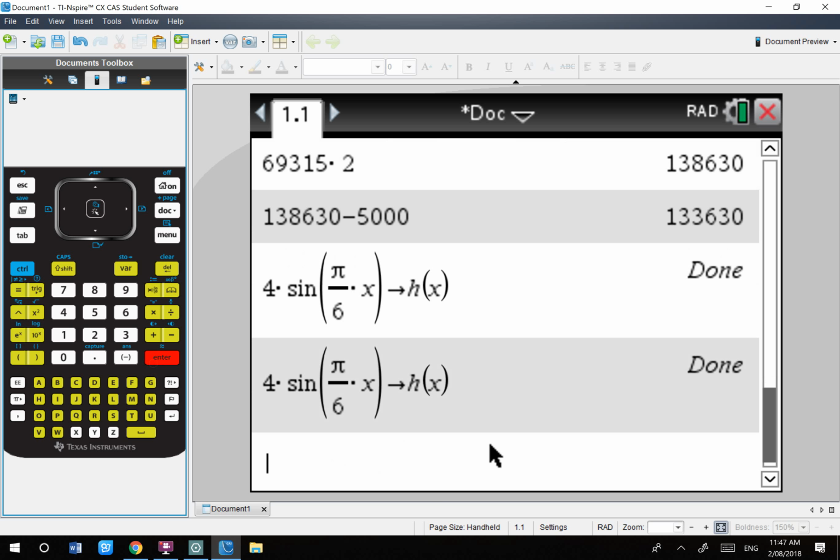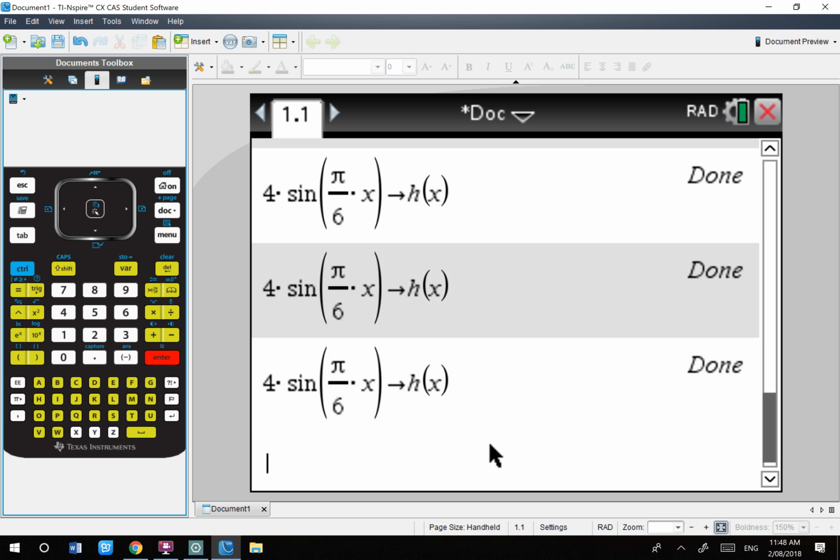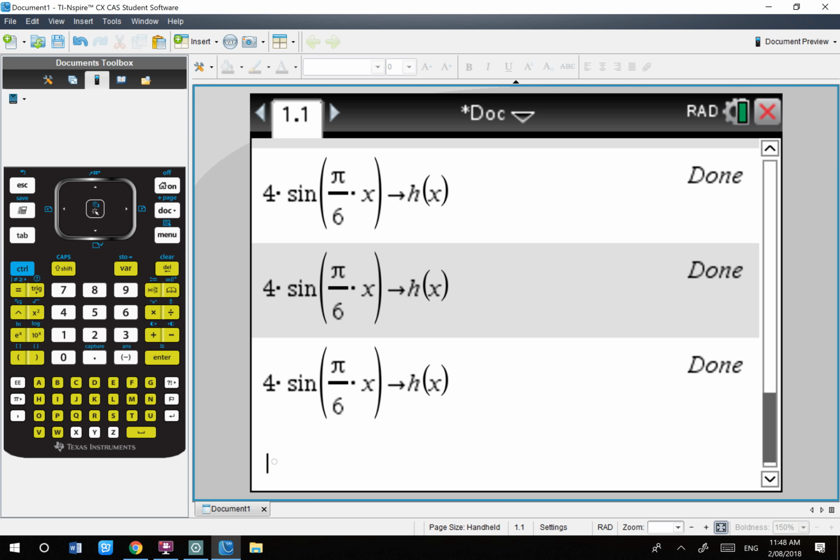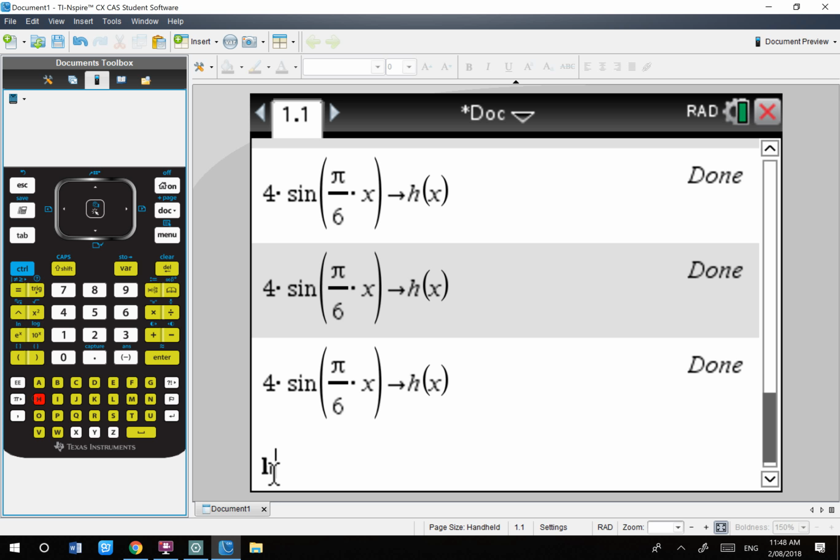It depends on what your variable is. If your variable is x, you put h(x). If your variable is t, you put h(t). What I want now is t equals 8, so x equals 8. What I need to do is h bracket 8.